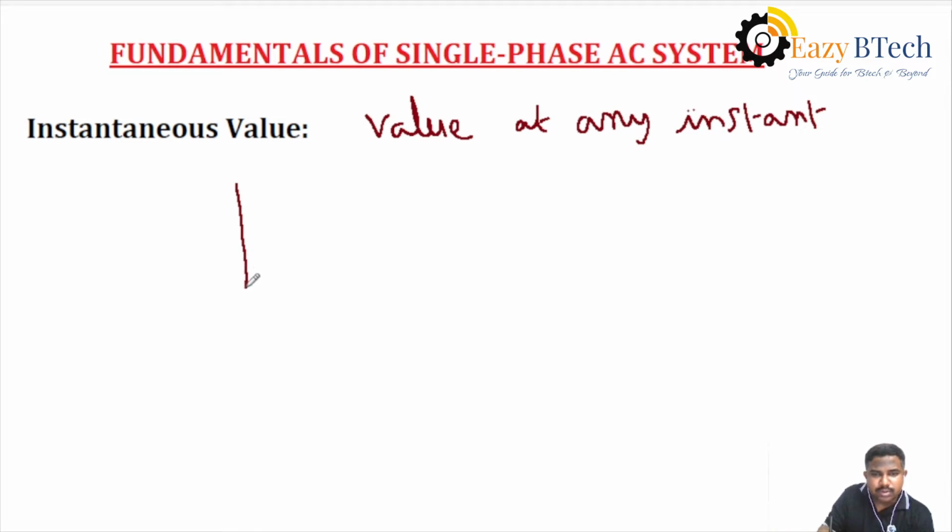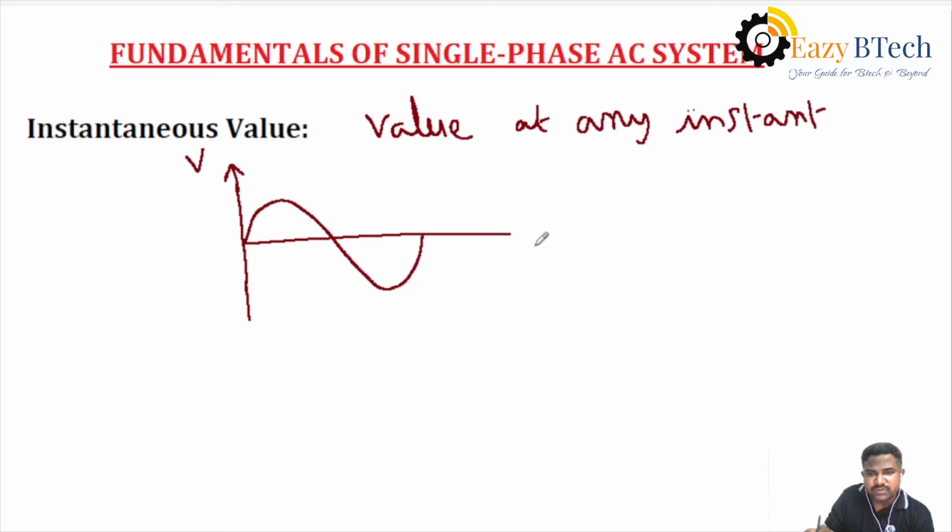For example, we are taking a single AC waveform here. This waveform is a voltage waveform and the x-axis is time.